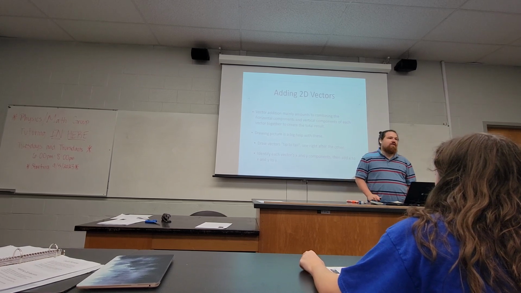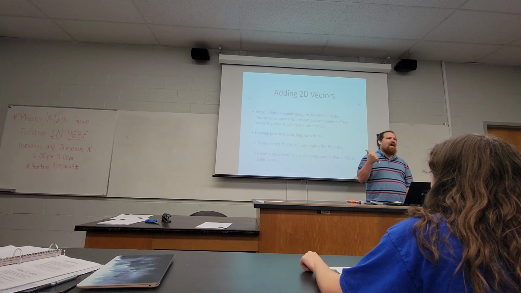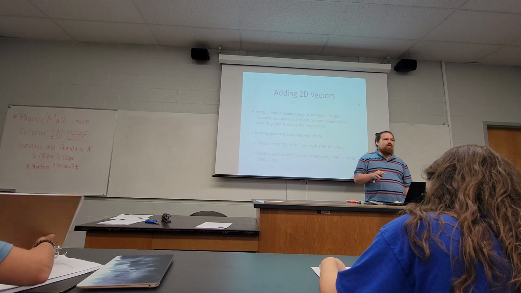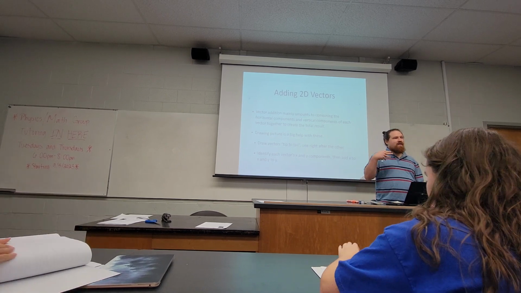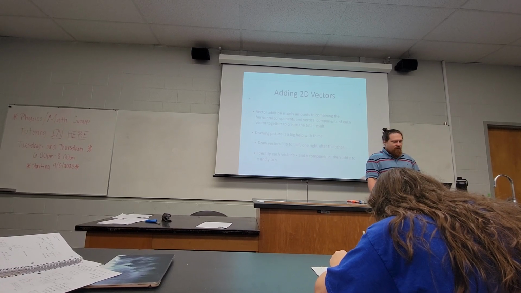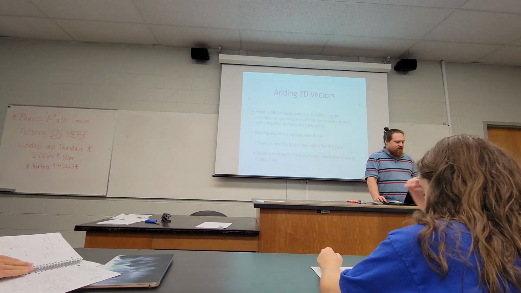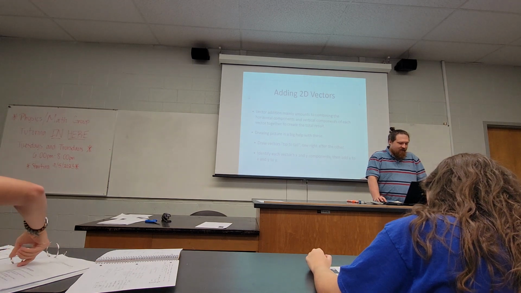To add vectors, you want to make sure to draw a good picture, drawing the vectors you're adding together tip to tail to kind of demonstrate how the overall motion combines together. And then you want to add specifically x with x and y with y. We've mostly been practicing doing that with x and y vectors, in which case you just have to note which axis the vector is in.